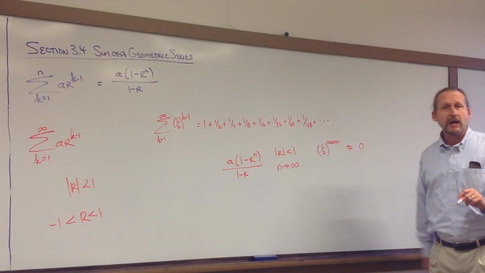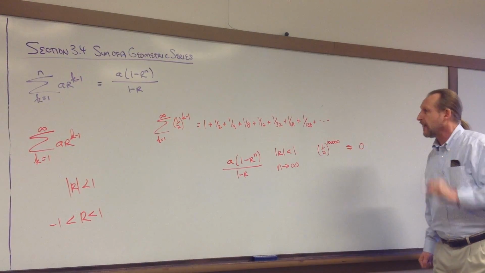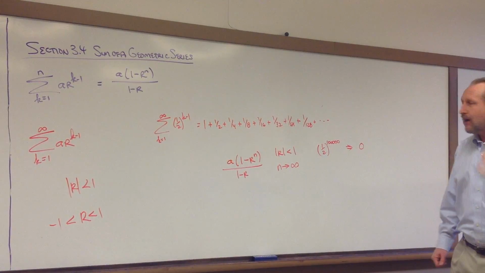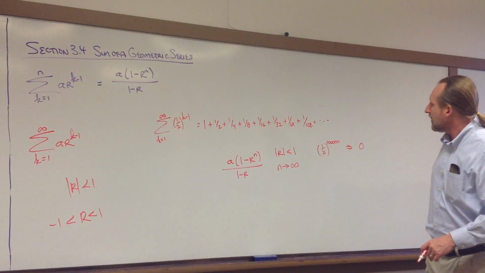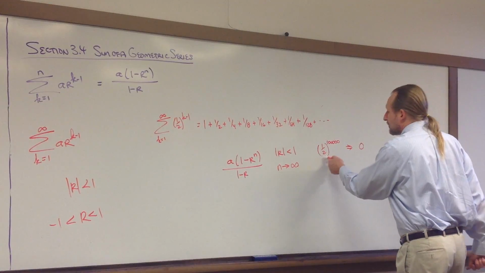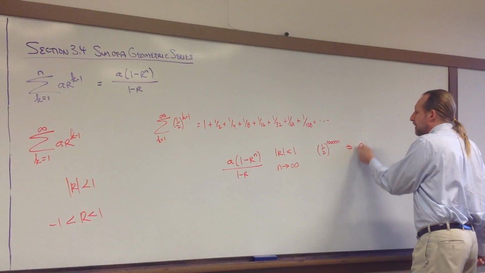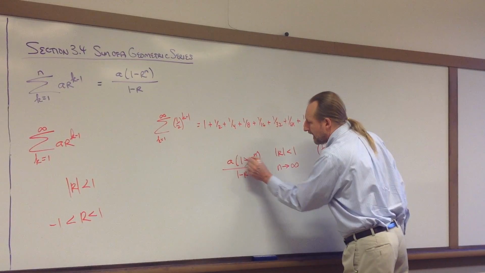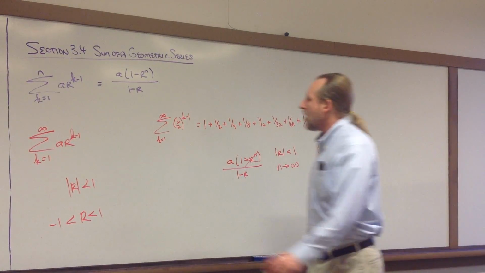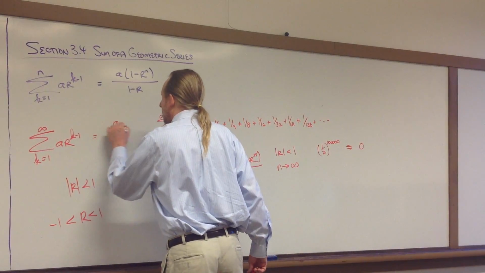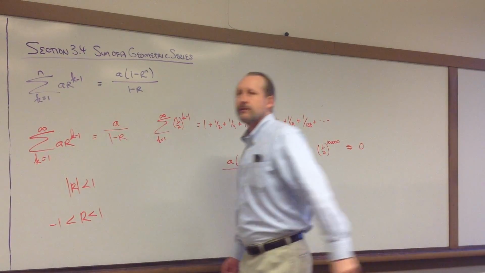The bigger this denominator gets, the smaller the value is. And again, how small you need it to get is determined by your margin for error. So, as this thing approaches 0, that's going to cancel out that part of the formula. And so, all we're going to be left with is a over 1 minus r.